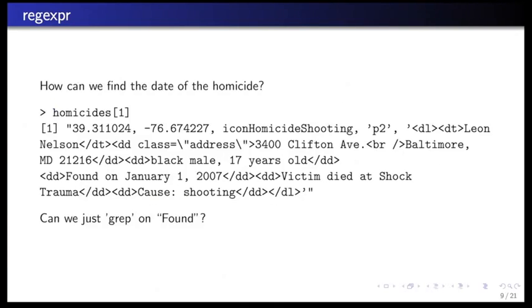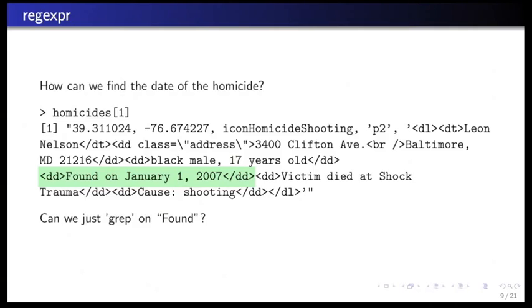So for example, if you want to find the date at which a homicide occurred, the date is embedded in here. See, it's in this little field right here, flanked by the DD tags. The format is found on January 1st, 2007. So it's found on, and then the date.